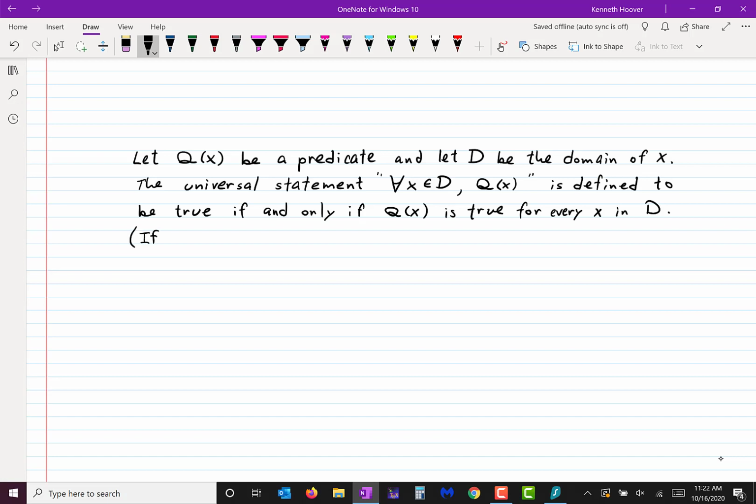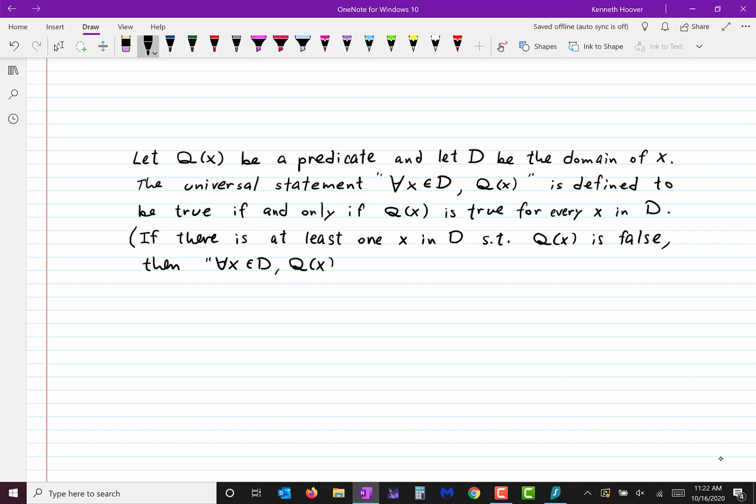And then I'll put this in parentheses. If there is at least one x in D such that Q of x is false, then that statement is false.